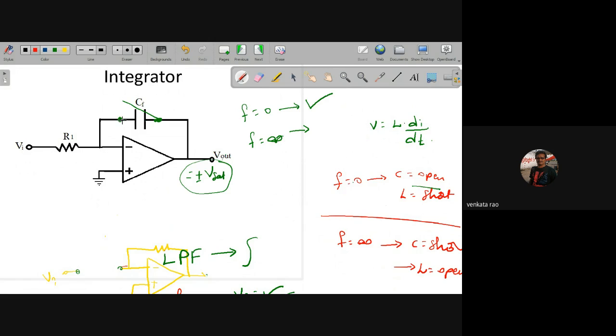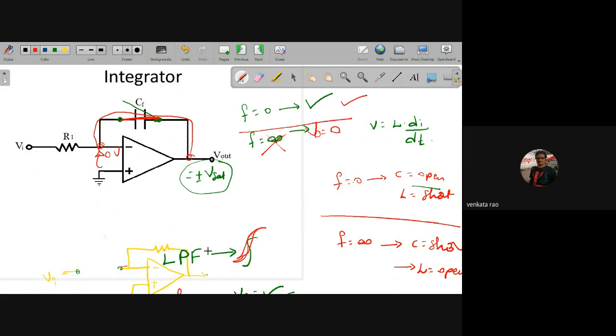Once it is short circuited, your output is connected to this point, but voltage at this point is 0 volts due to the virtual short circuit concept. So your output is 0. You are not getting anything at this point, but something you are getting at this point. So it is a low pass filter. So if anything is a low pass filter, it acts as an integrator.